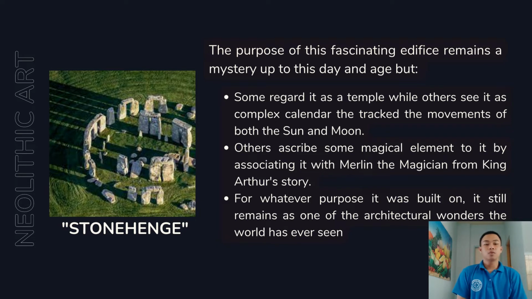For whatever purpose it was built, it still remains one of the architectural wonders the world has ever seen. It is also notable that the earliest civilizations emerged and flourished in river valleys: the Nile in Egypt, Indus in India, Tigris and Euphrates in Mesopotamia, and Huanghe River in China.